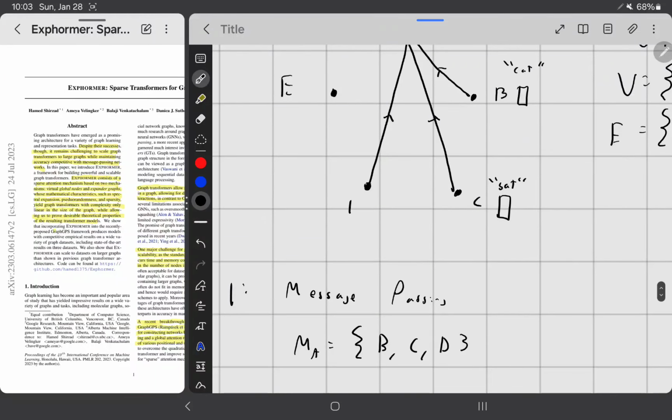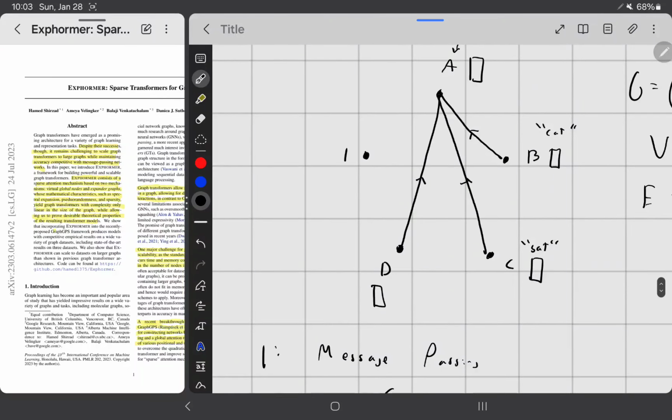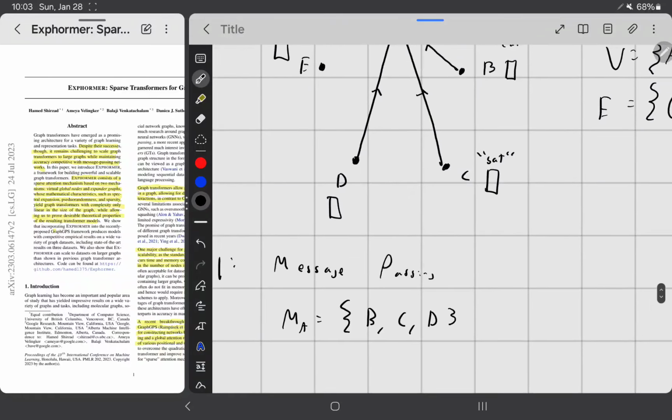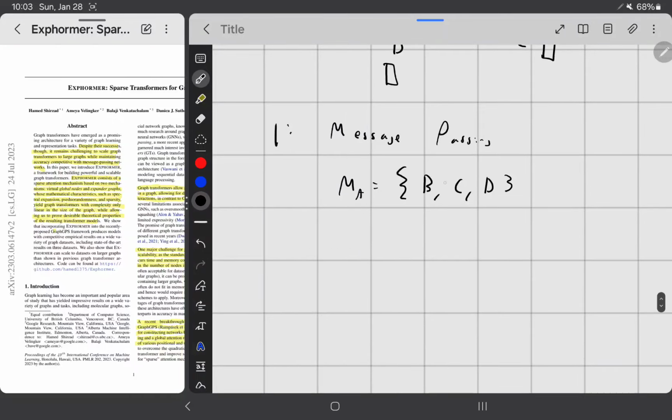So each of these actually has a vector. We'll denote these as, say, h sub a for the vector for A. So the messages are going to be h sub b, h sub c, and h sub d. So these are our messages for A.